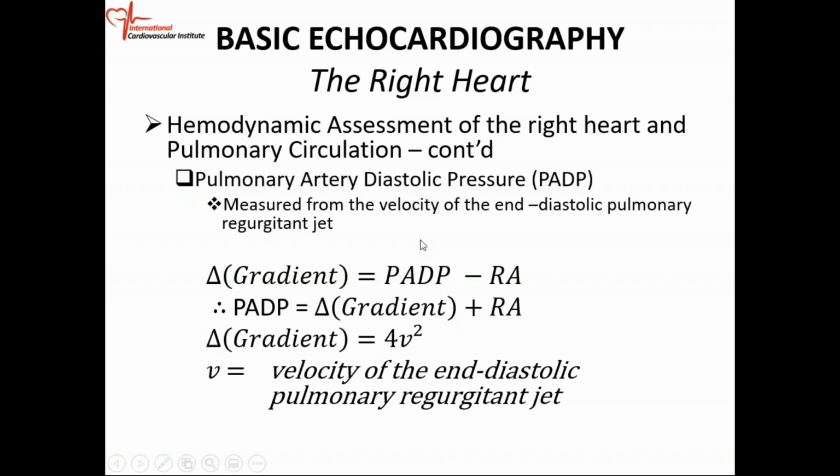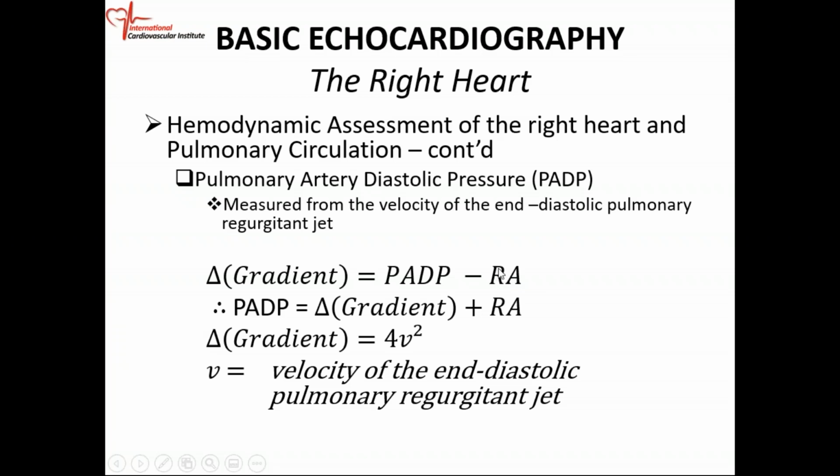So the diastolic pressure in the pulmonary trunk, the pulmonary artery end diastolic pressure, has to be greater than the diastolic pressure in the RV. The diastolic pressure in the RV is similar to the right atrial pressure.